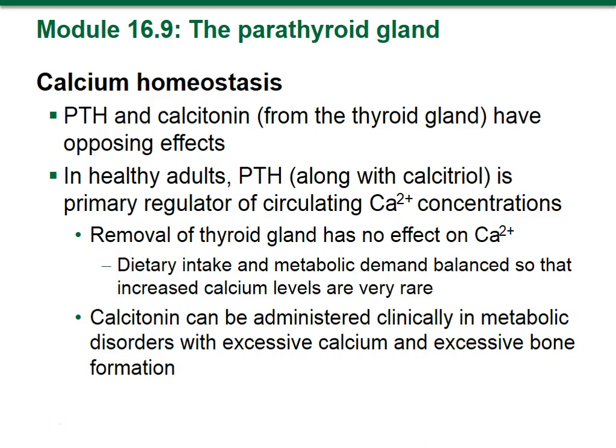One reason why is because we generally get enough calcium in our diets. But some people do have to take increased calcium, especially if you have something like osteopenia or osteoporosis. You take that in addition to vitamin D3 to help with the absorption. But calcitonin can be administered clinically in certain metabolic disorders where you have excessive calcium and excessive bone formation.